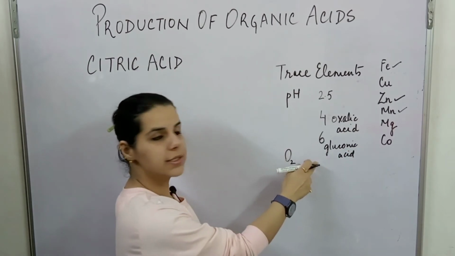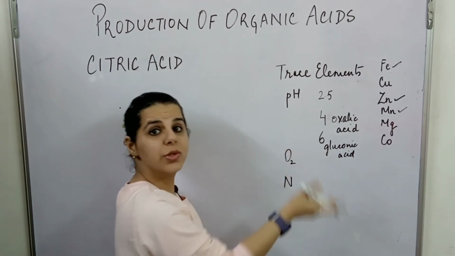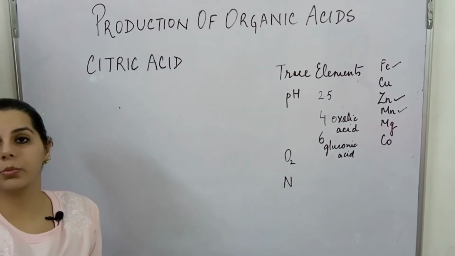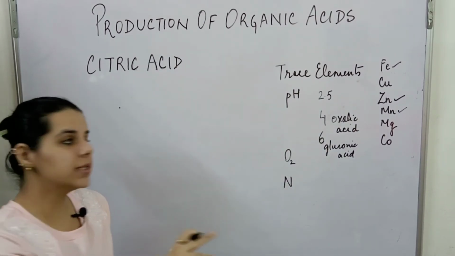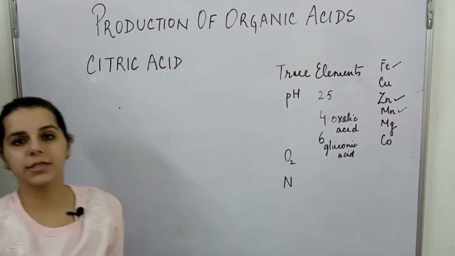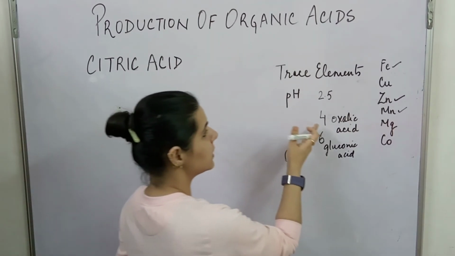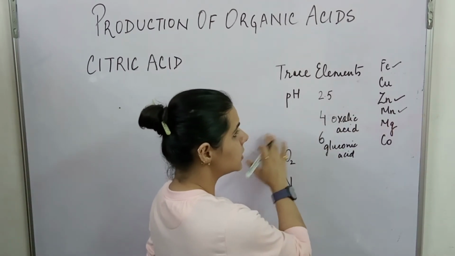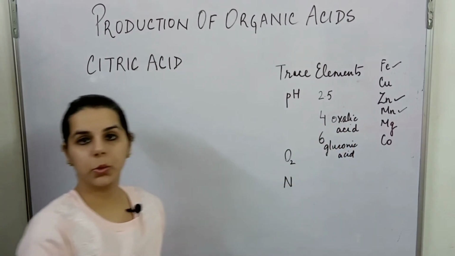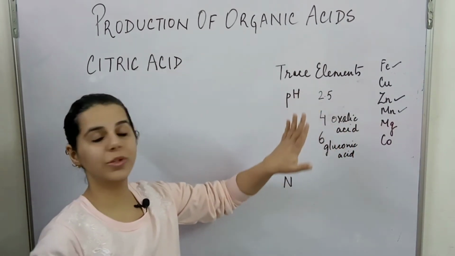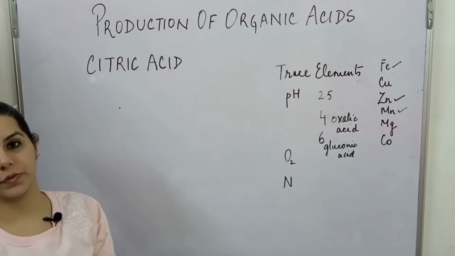The gluconic acid starts accumulating at the expense of citric acid; citric acid will now not be produced. At pH 4, oxalic acid will start accumulating at the expense of citric acid. But with pH 2.5 or less, there will be good production of citric acid, right?